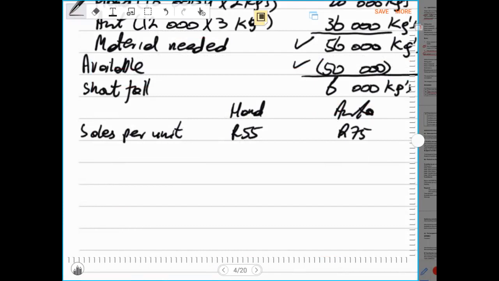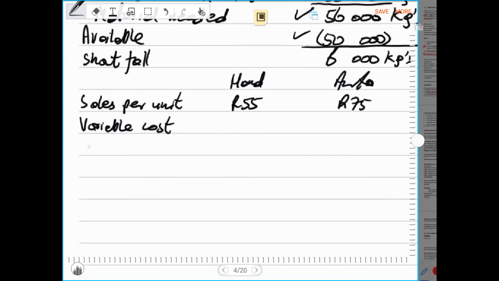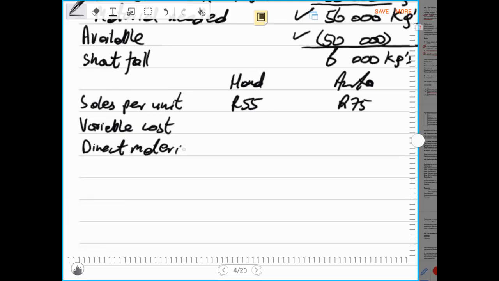Then after we have our variable cost, we less variable cost, and our variable cost will be made of direct material, and our direct material is divided into material A and material B.